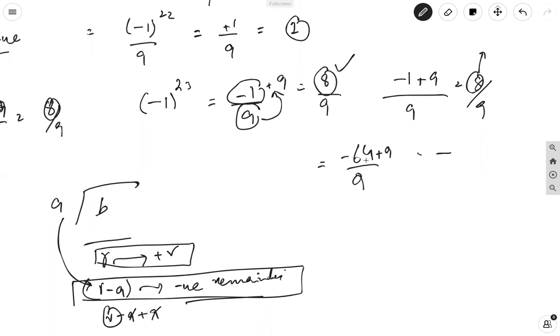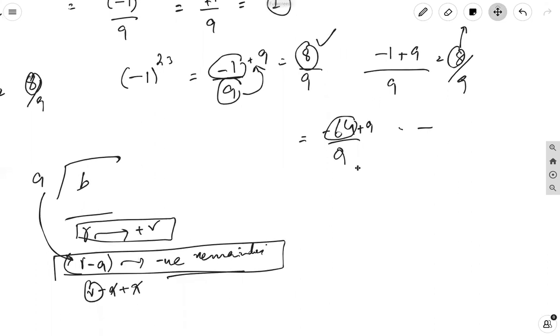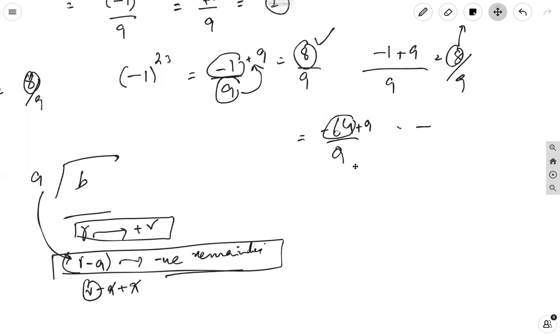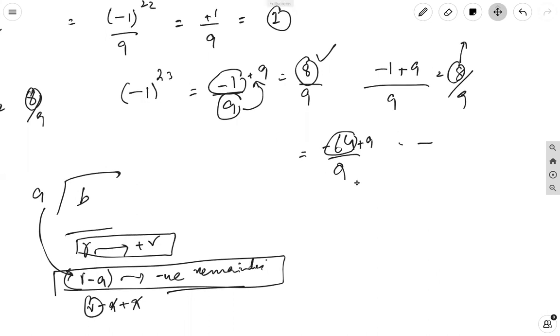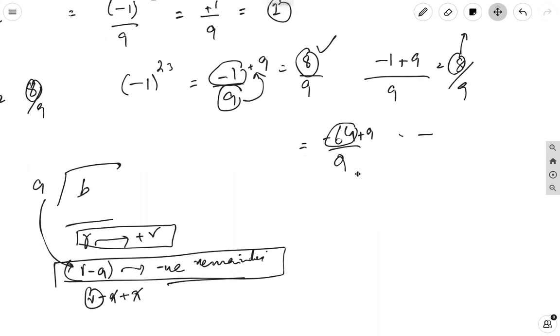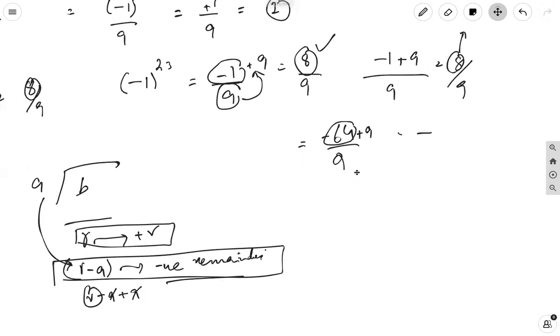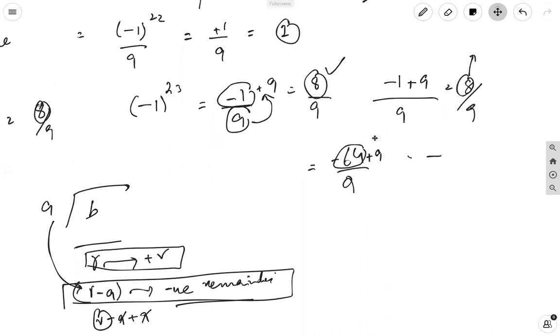We will solve a question when we move to the negative remainder part. Just keep this question with you, right? Let's first take 2-3 examples for this binomial theorem, then we'll move forward.